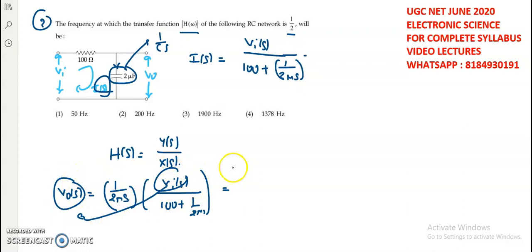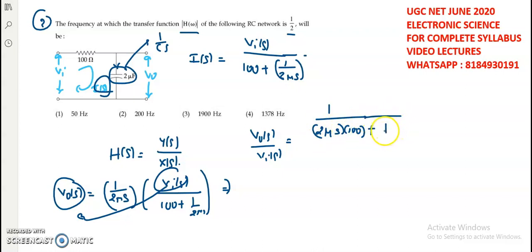So just bring this one to the LHS side. Then V naught of S divided by V of S can be written as 1 divided by 2 micro S into 100 plus 1, right? And after this, if I simplify, micro is nothing but 10 power minus 6, and 100 is nothing but 10 square.